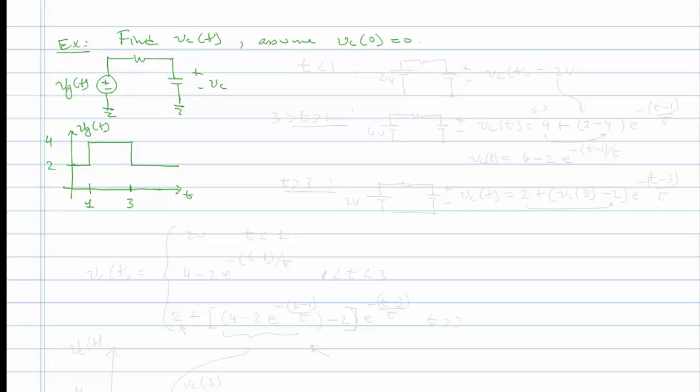Okay. So the first thing we have to do is find what the circuit is for time less than 1 second. The circuit we have there is a 2 volt battery connected to our RC. Since nothing is switching before time t equals 1, it's been at 2 volts forever.